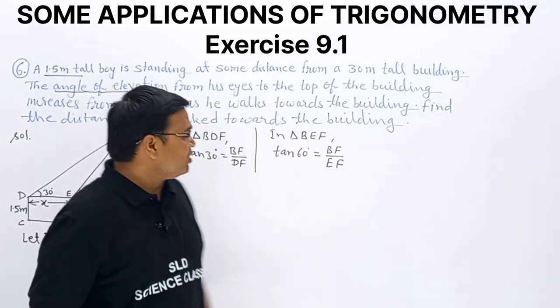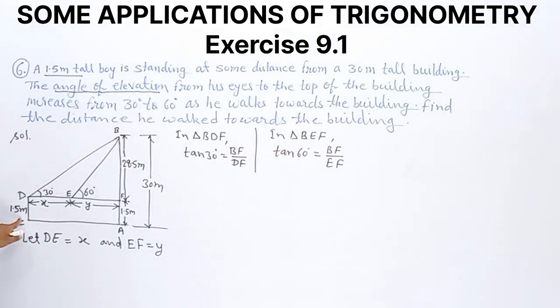So for the boy, whose height is 1.5 meter, his line of sight is level along this base straight line.